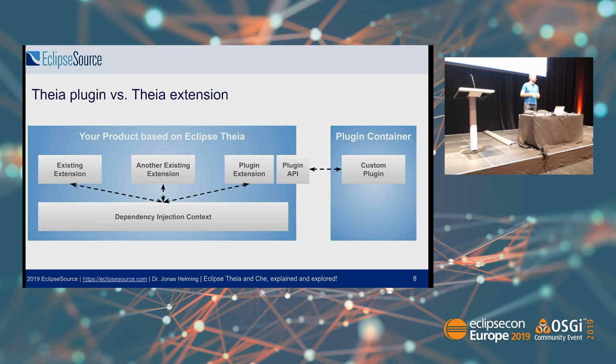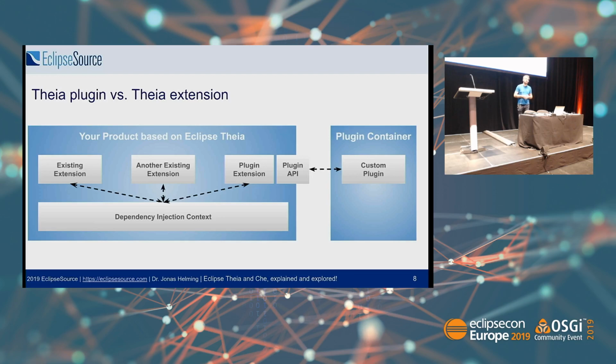Now, if you think more about something like VS Code, where you have a base product and you want to allow users to provide plugins that you can install into an existing product, this is dangerous because if you give all the users complete freedom, they will make the IDE slow or unstable or whatever.